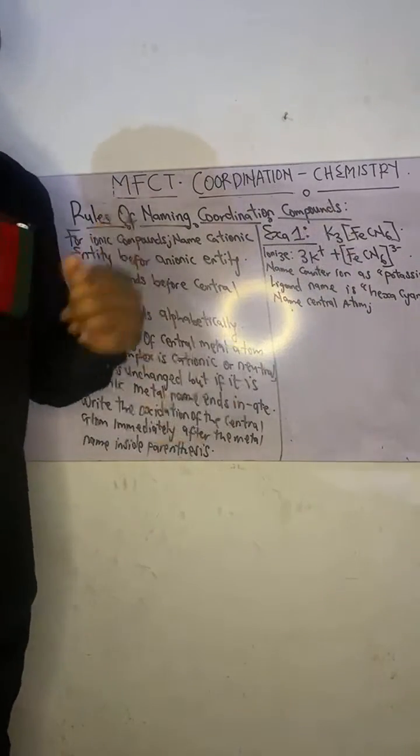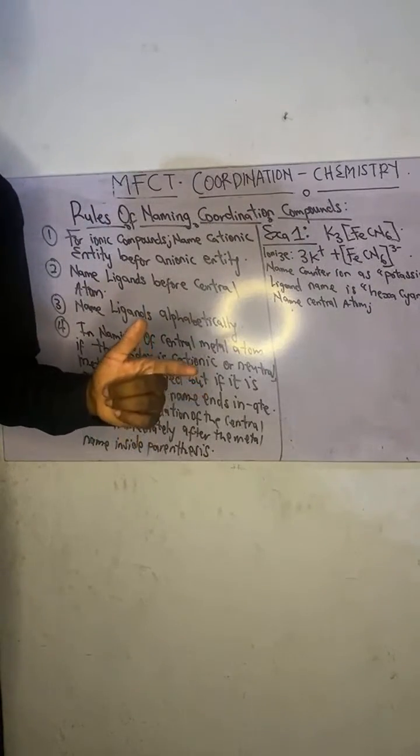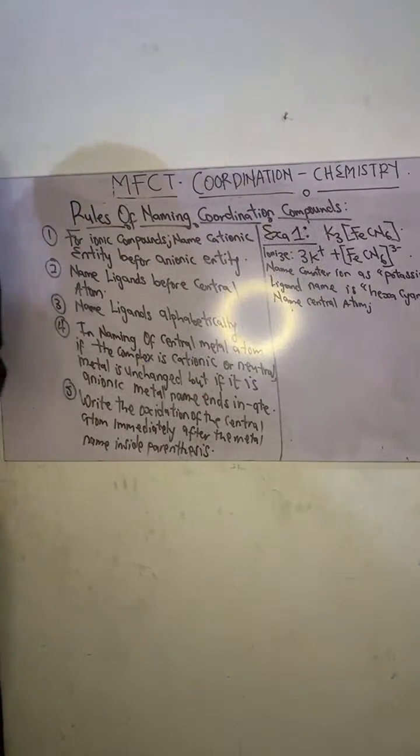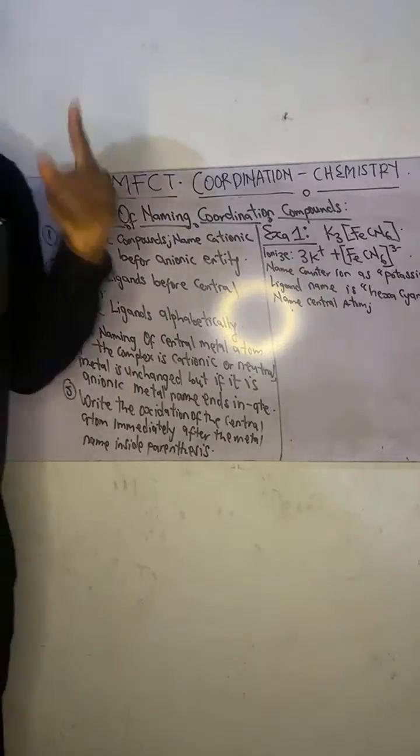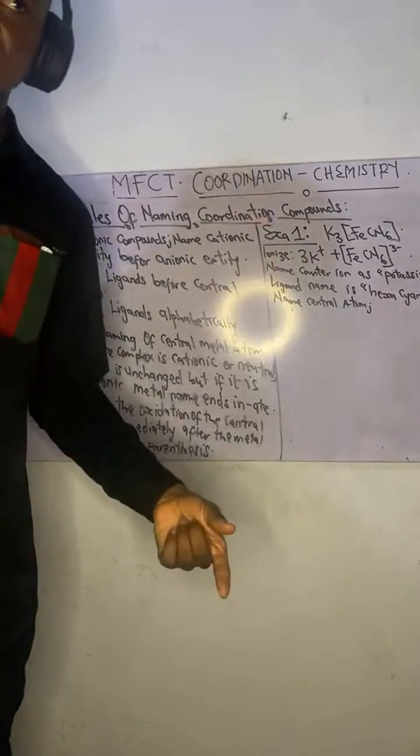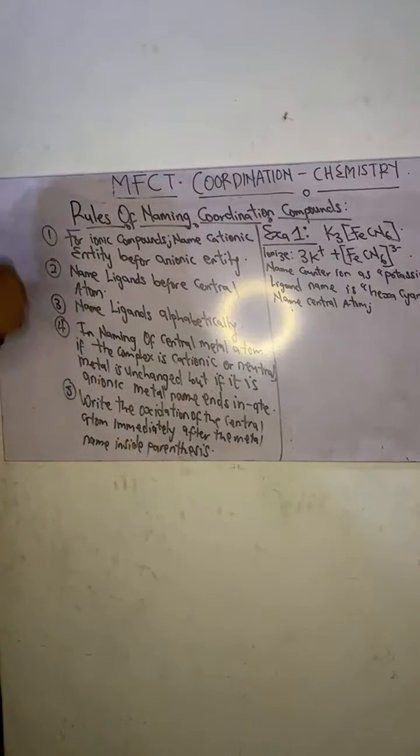Hence, since the complex is anionic, the metal name will end in ATE. If the central metal is iron, the name ends in ferrate; copper, cuprate; manganese, manganate; zinc, zincate; cobalt, cobaltate. Do you get that?